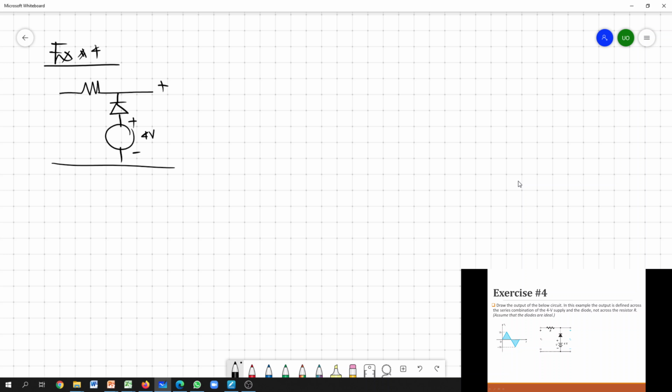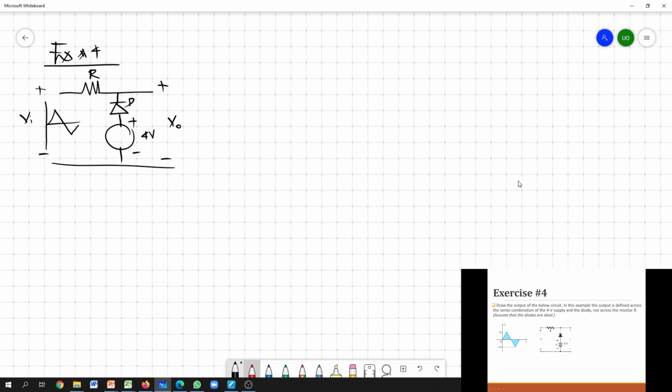So we basically take the output across this diode plus the DC source. We have an input, and the input is not sinusoidal, it's a kind of triangle. So see what happens to the circuit for this particular input.